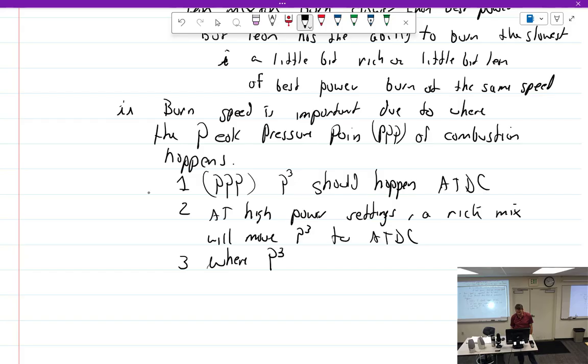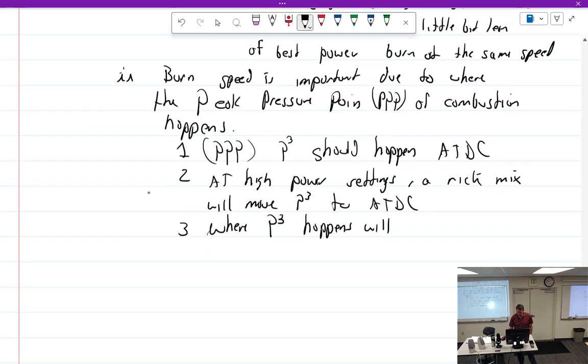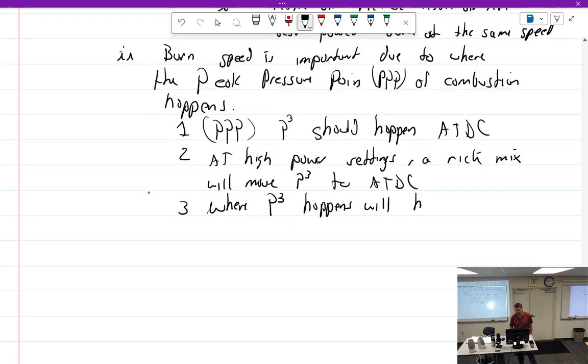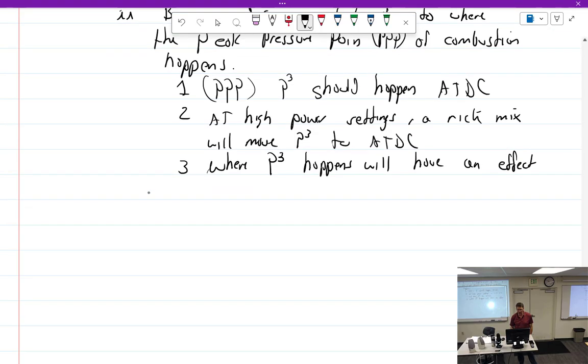So where peak pressure point, P3, happens will have an effect on cylinder pressure, obviously, which has to do with detonation and temperatures.